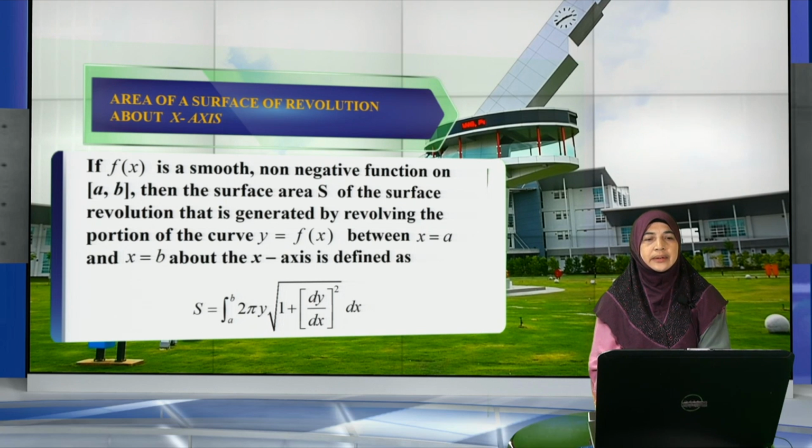Okay, this is the surface area of revolution about the x-axis. So notice that we have this one here. This is the one that we learned before, to find the arc length. Remember?